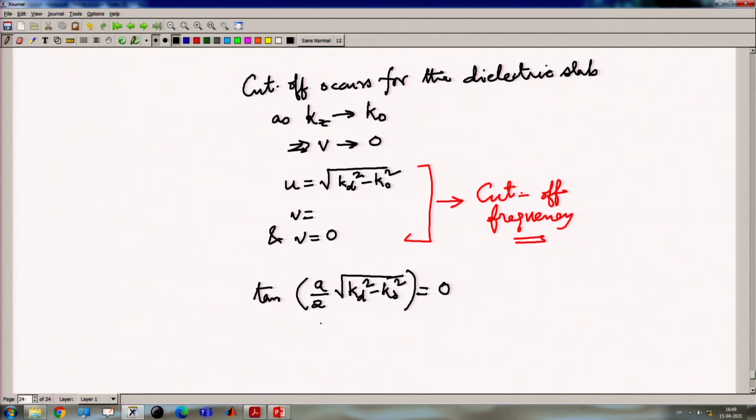When we substitute v equal to 0, the right hand side of equation 19 becomes equal to 0, and we obtain the condition tan of u a by 2 equal to 0, substituting u equal to root of k d square minus k 0 square.